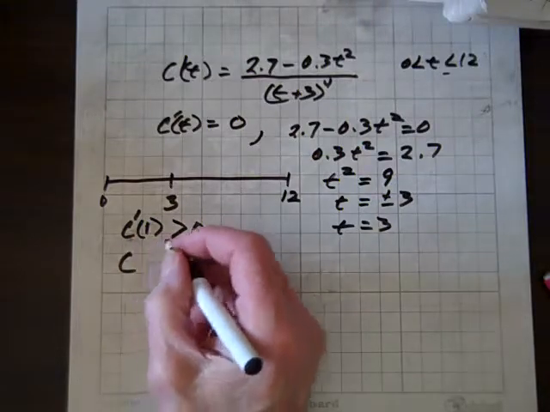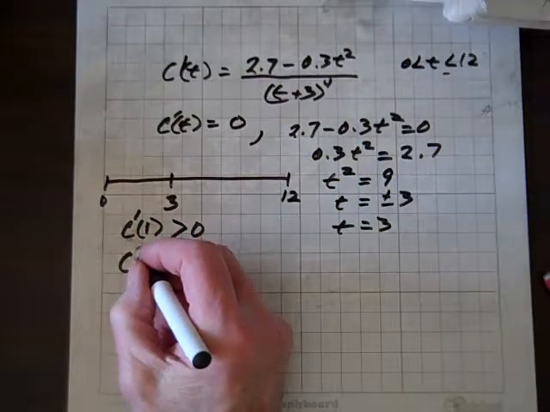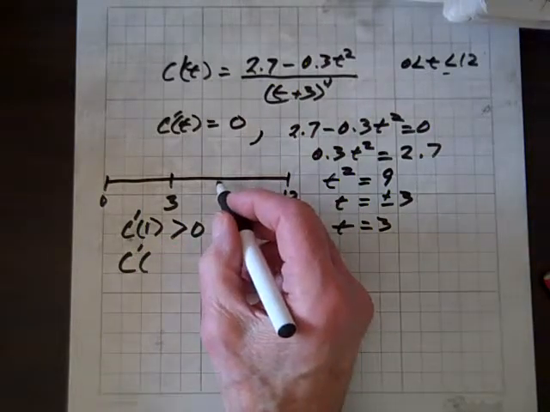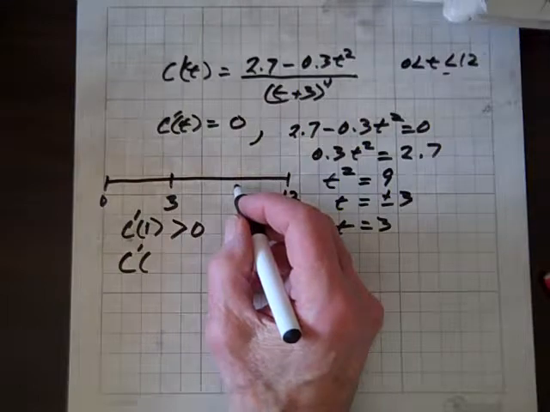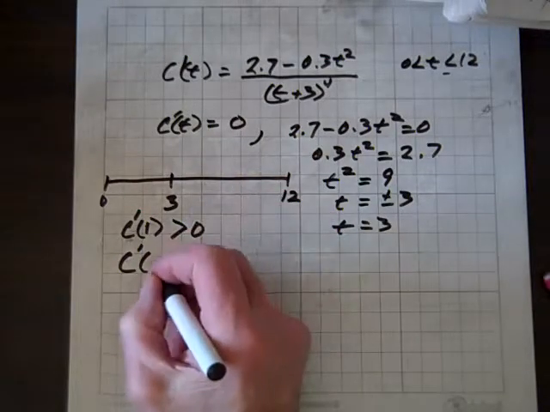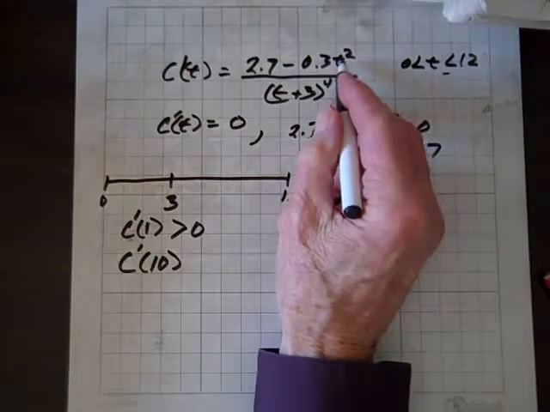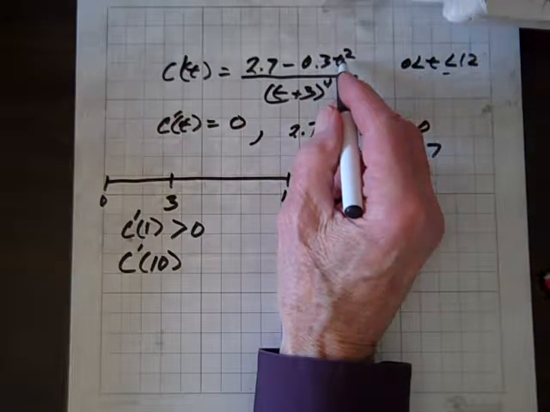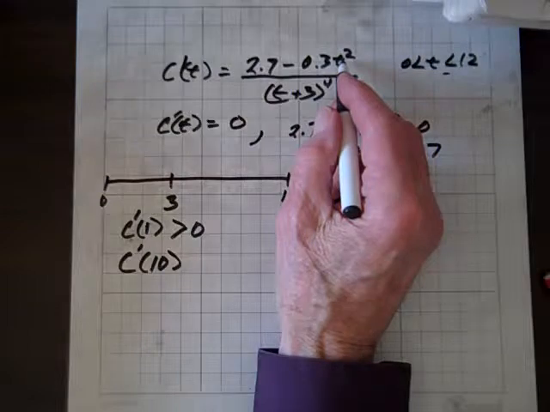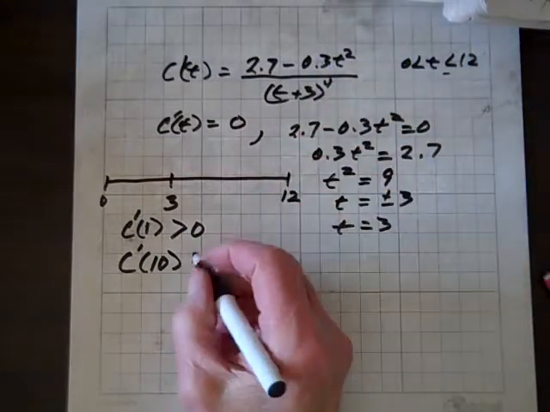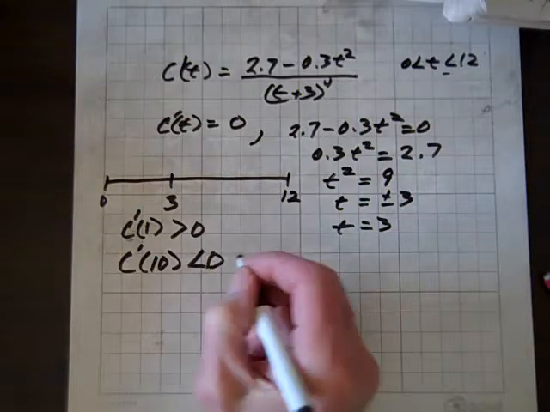Now I'm going to do the same thing. You might want to check me on your calculator. And I'll pick a point in this interval like 10. And C prime of 10, replacing t with 10 and squaring that, we get 100. And so the negative will dominate, and it will be less than 0.